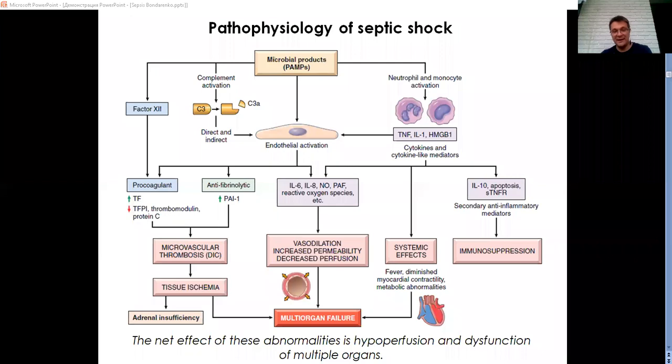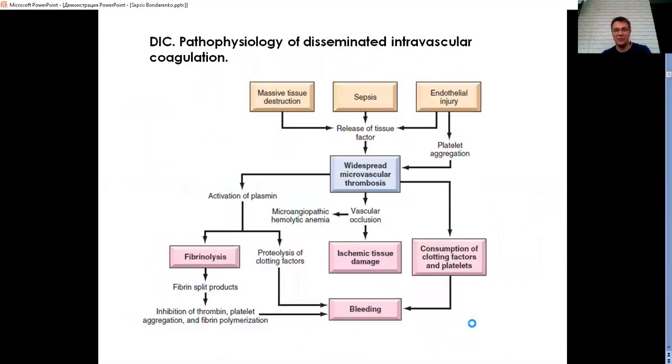You see that the net effect of these abnormalities is hypoperfusion and dysfunction of multiple organs.